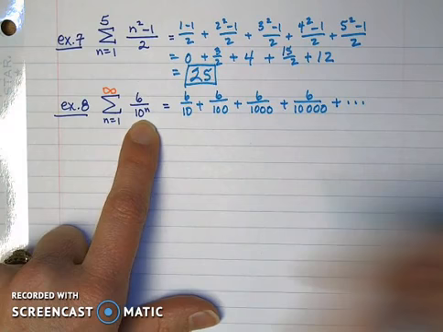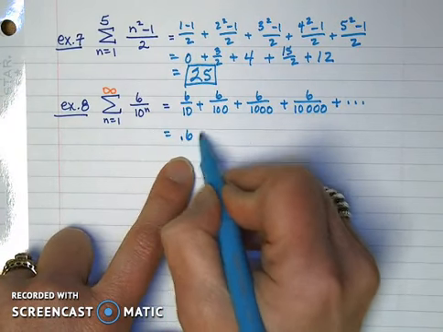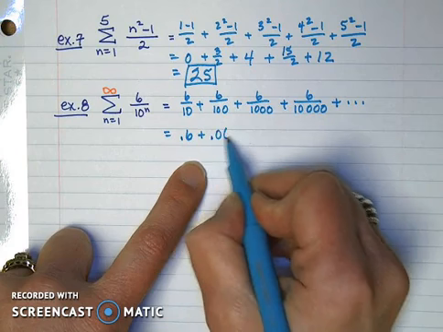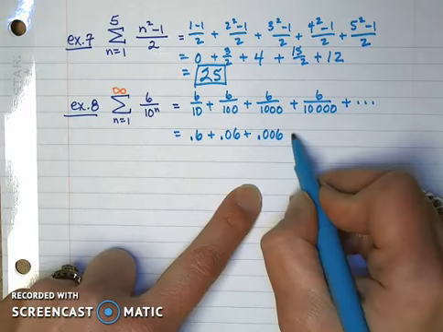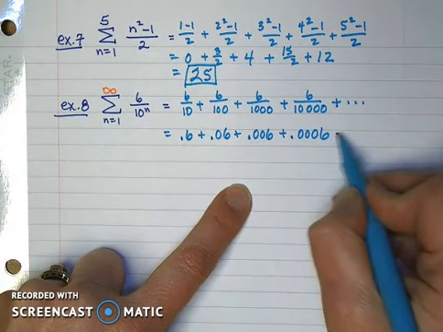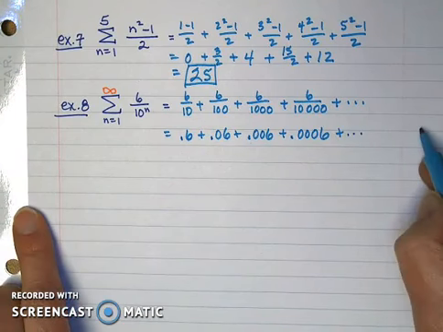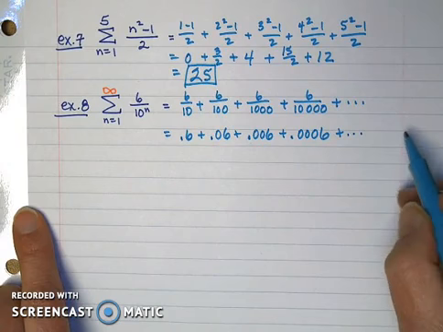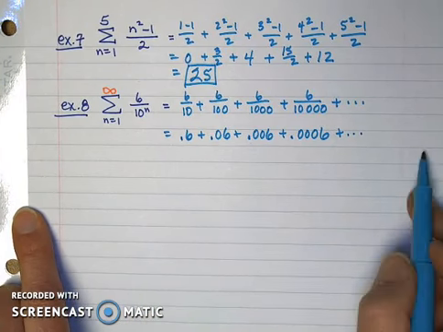Well, let's look at what these values are. That is 0.6 plus 0.06 plus 0.006 plus 0.0006. Do you see what's happening? So if I went to infinity, I would end up with 0.666666666, correct?